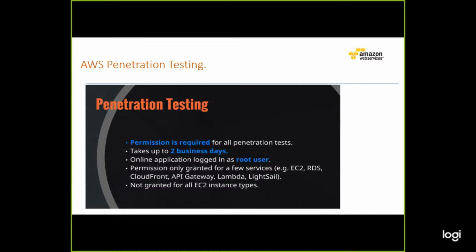Permission is only granted for a few services such as EC2, RDS, CloudFront, ELB, Lambda and Lightsail. Any other services you want to use and test are not going to be permitted. Also, it is not granted for all EC2 instance types. We mentioned each EC2 instance has different types to use or to buy. Make sure that you test the right instance type.